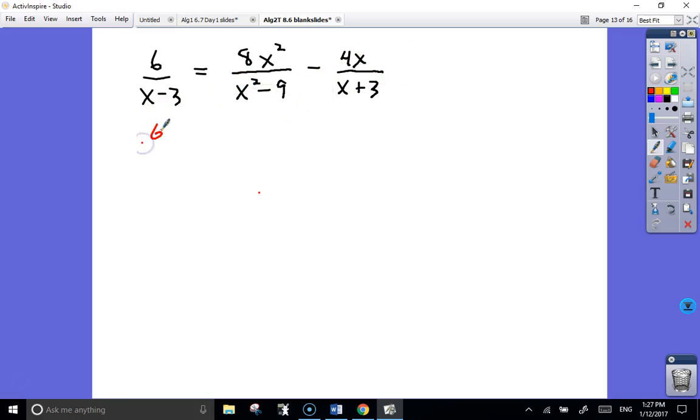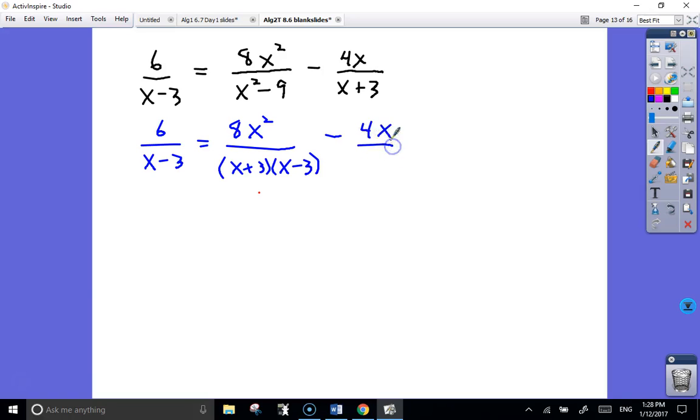So we have 6 over x minus 3 equals 8x squared divided by x plus 3 times x minus 3, minus 4x divided by x plus 3.